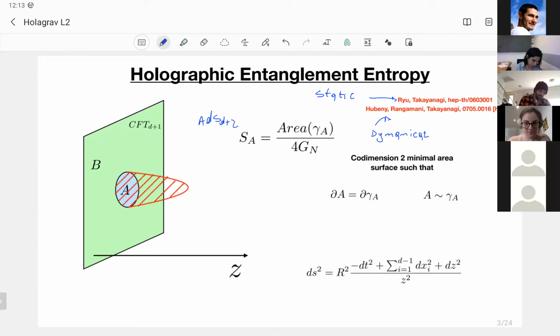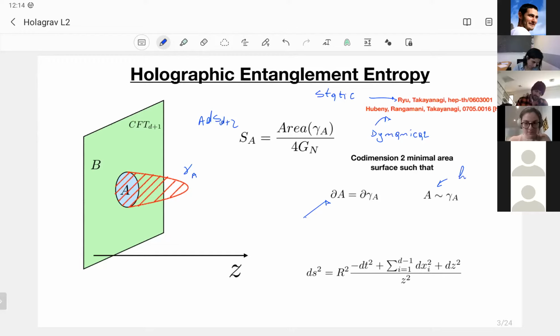Suppose you want to compute the entanglement entropy for region A, in light blue inside this red thing that I drew. What they teach us is that you have to compute the minimal area of a surface that I call gamma A that ends on the region A in the field theory, and also that satisfies something called the homology condition.